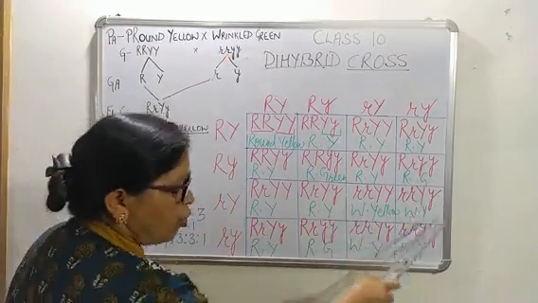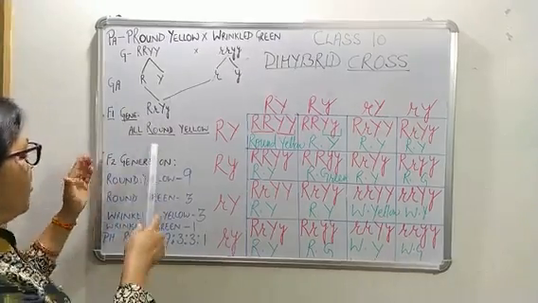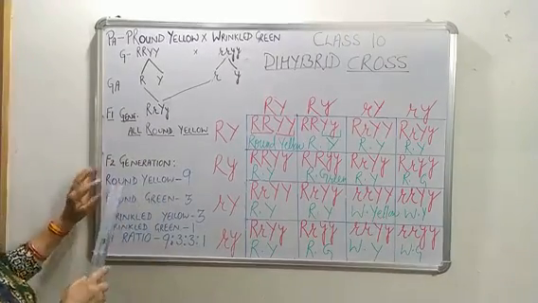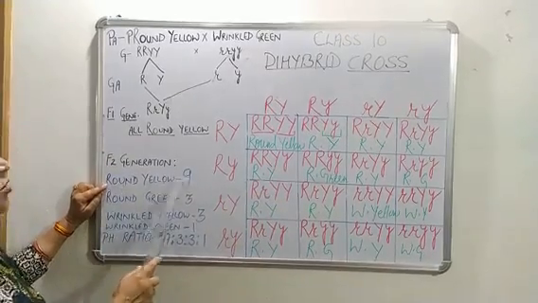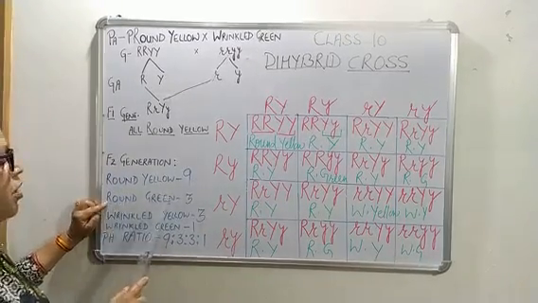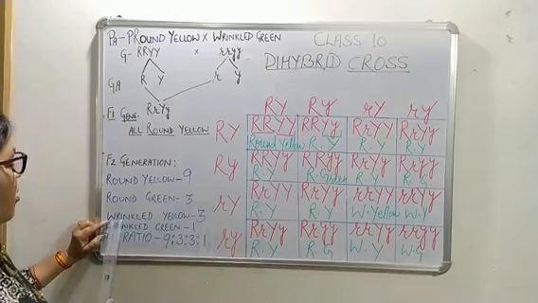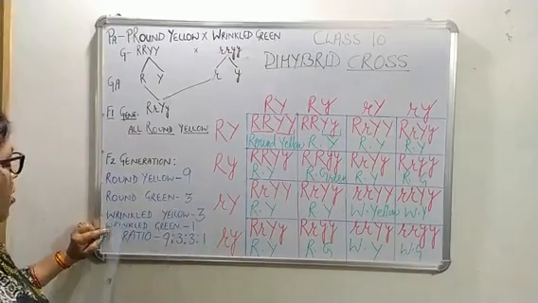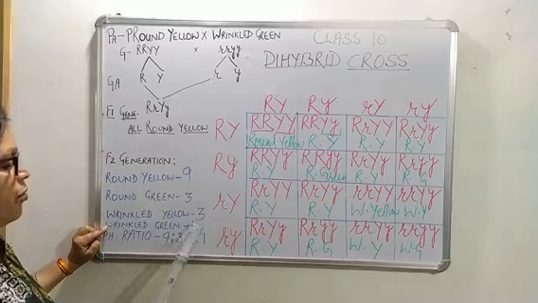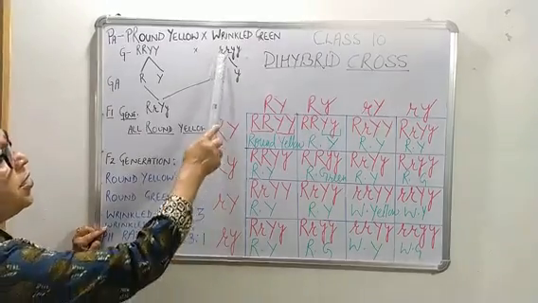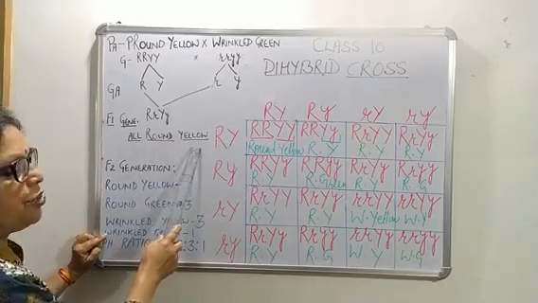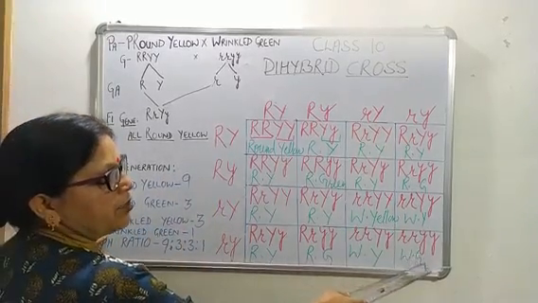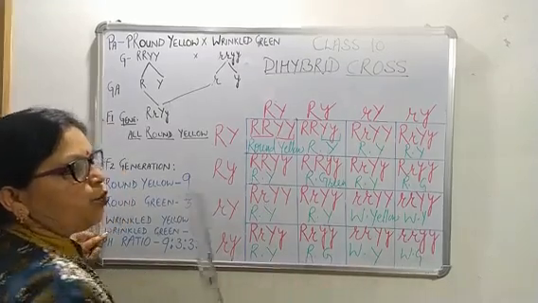Out of all these 16 squares, when the result in the F2 generation was seen, it was found that round yellow seeds were 9, round green were 3, wrinkled yellow were 3, and wrinkled green was only 1. That means this recessive trait, which was hidden in the first generation, reappeared in the second generation, but only 1.